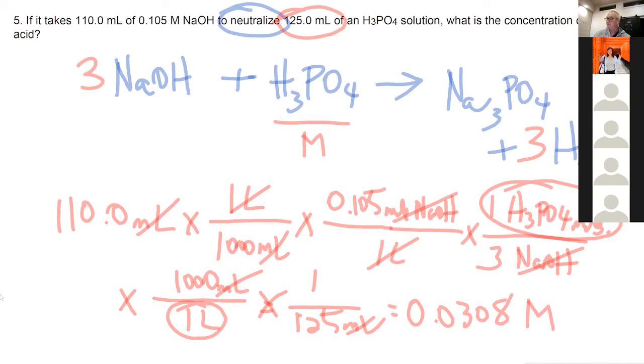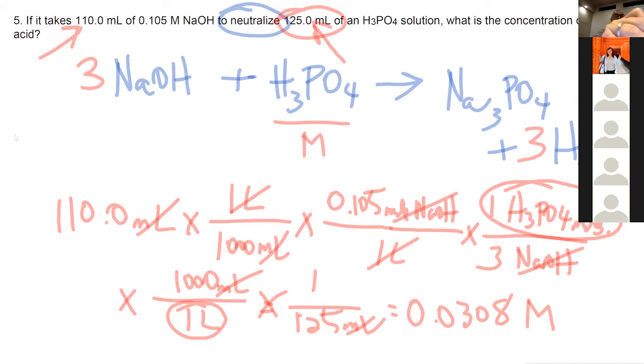So a quick way to check this one: since the volumes are fairly similar, I've got about 125 mils of acid and about 110 mils of base. That's almost the same volume.